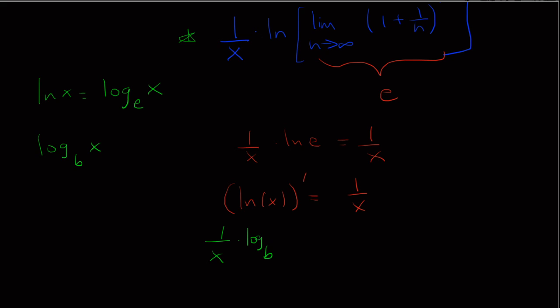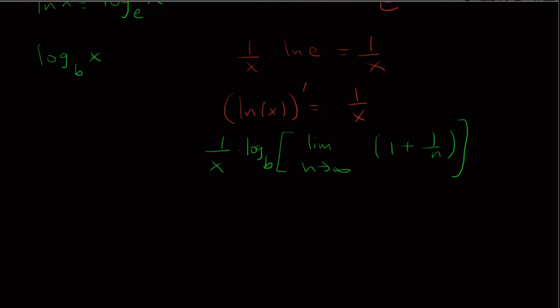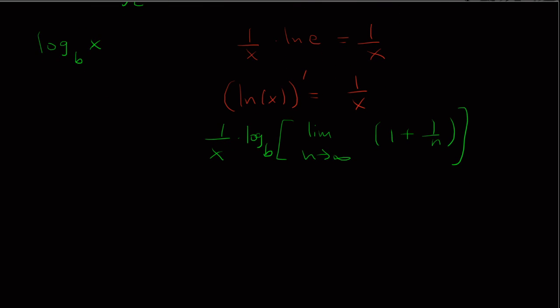So we have log base b of the limit as n approaches infinity of (1 plus 1 over n) to the n. So that's 1 over x times log base b, and we said that the limit as n approaches infinity of (1 plus 1 over n) to the n goes to e.